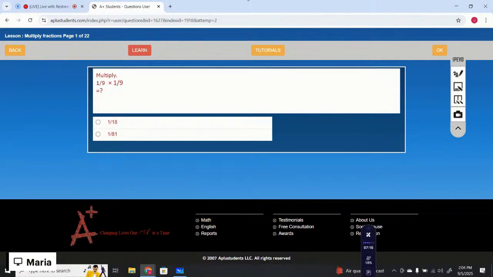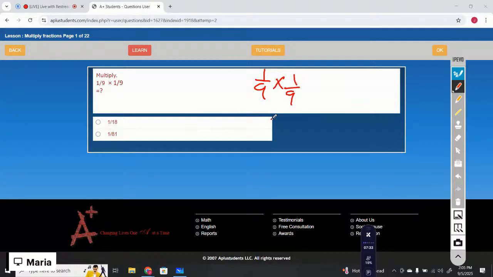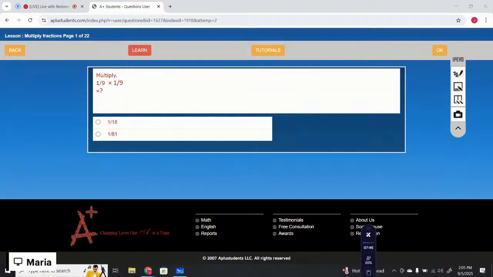So you have to do numerator times numerator divided by denominator times denominator. 1 by 9 times 1 by 9. 1 times 1 is 1, 9 times 9 is 81. That is 1 over 81. Option number 2 is the correct option. 1 over 81 it is.